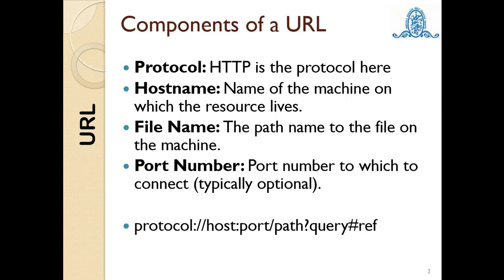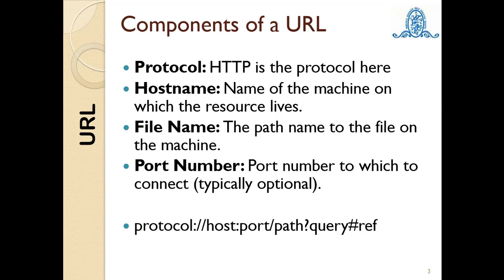Hostname is used to mention the name of the machine on which the resource lives. The path name to the file on the machine is specified by using the file name component, and the port number to which to connect is specified by using the port number. Generally this port number component is the optional component of URL.